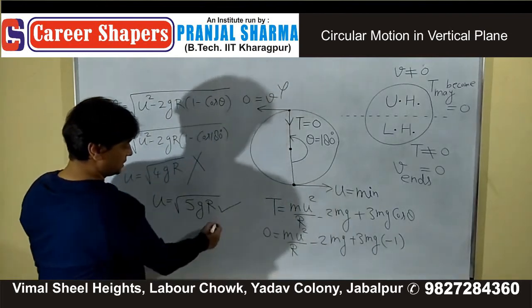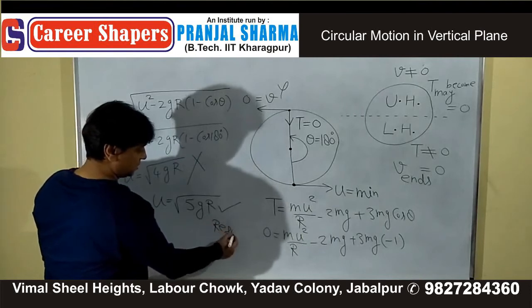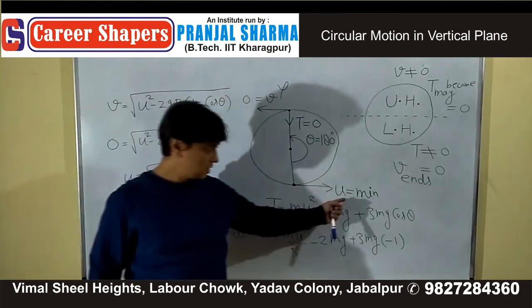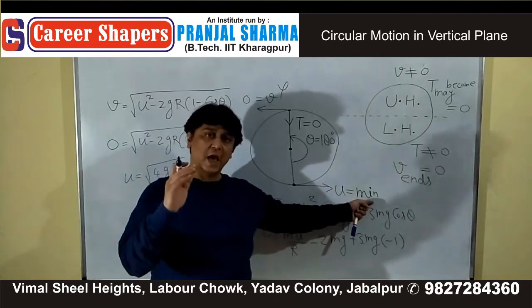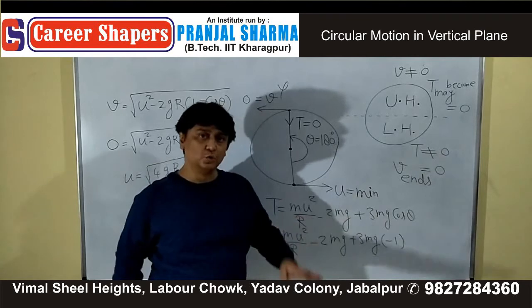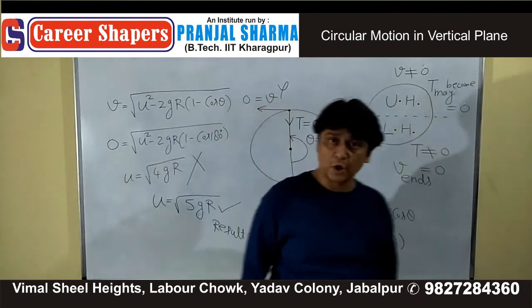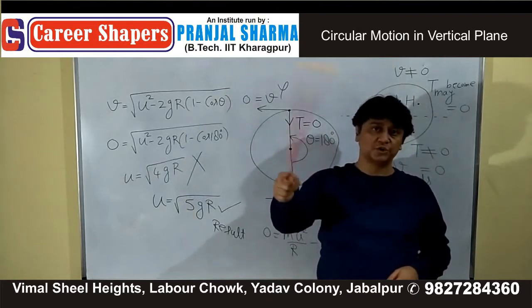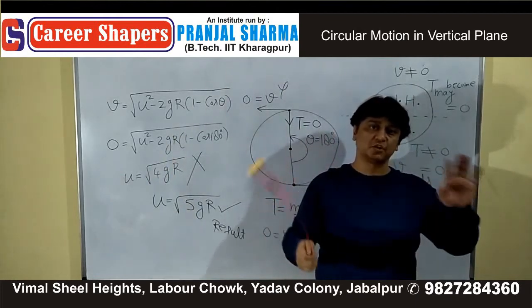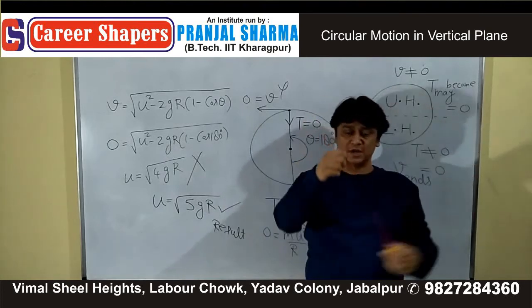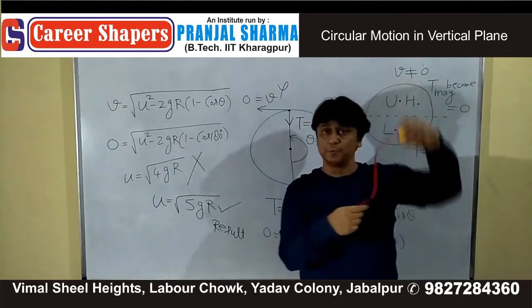This again is an important result. Remember, this U is the minimum. Anything above root 5 GR, this object will never lose tension. Tension will always be present. In this situation U is sufficient, it's greater than root 5 GR, and therefore tension force nowhere becomes 0.